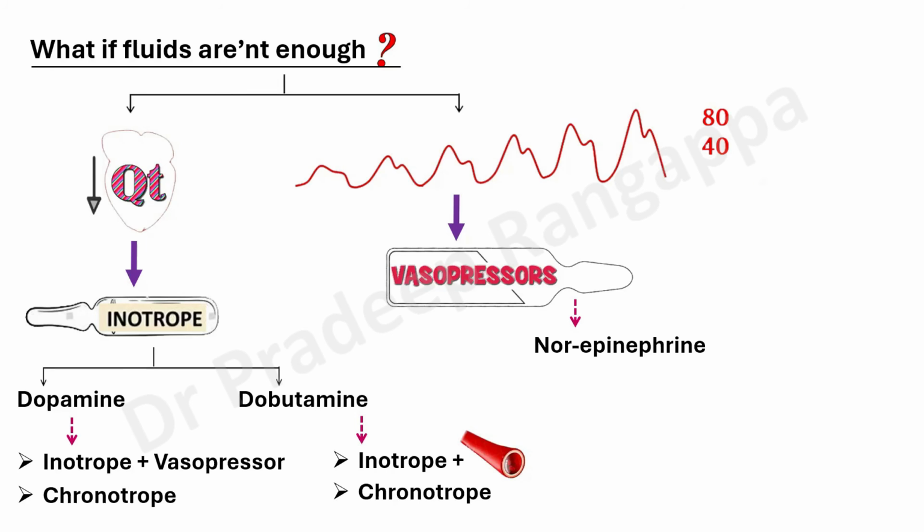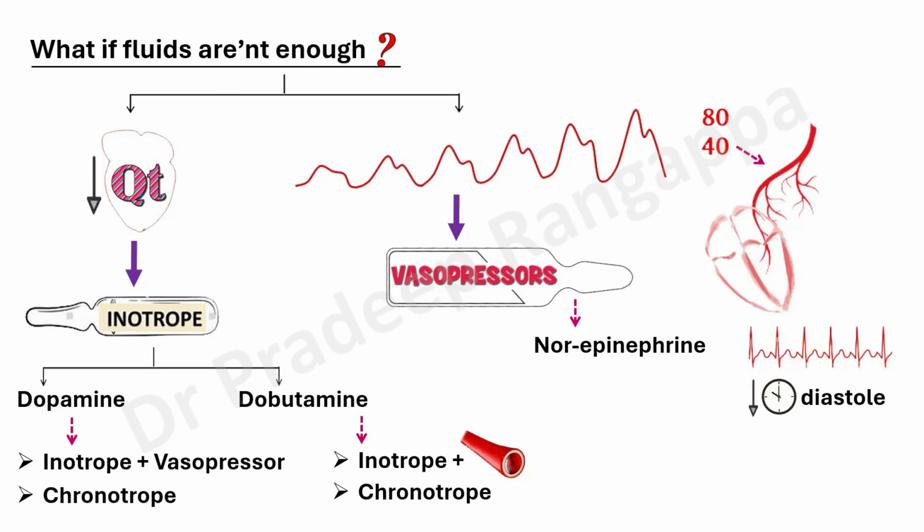One should bear in mind that in this patient, considering anterior wall MI and a low cardiac output, one has to keep an eye on the diastolic blood pressure, because diastolic blood pressure is what is needed for good coronary perfusion. And your LV function or contractility is determined by good coronary perfusion.